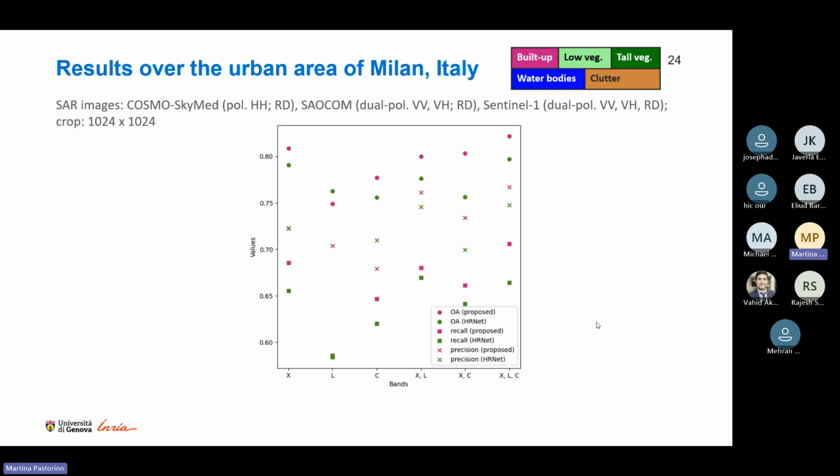Of course, since the classification result was to be obtained at the spatial resolution of the Cosmo-SkyMed imagery, the X band mainly dominates the results, as we can see in this scatter plot. So even if we use only the X band, we have quite high results, but we have an improvement when we use all the complementary information that these sensors can bring.